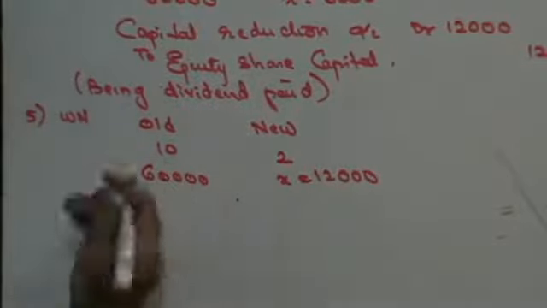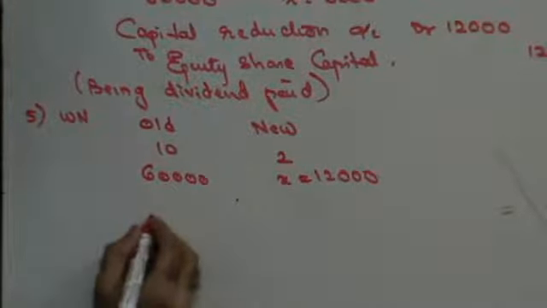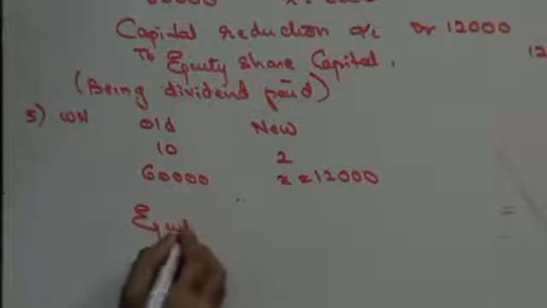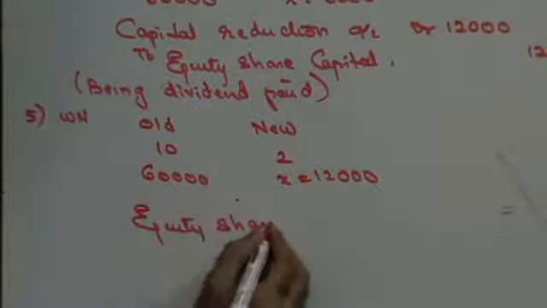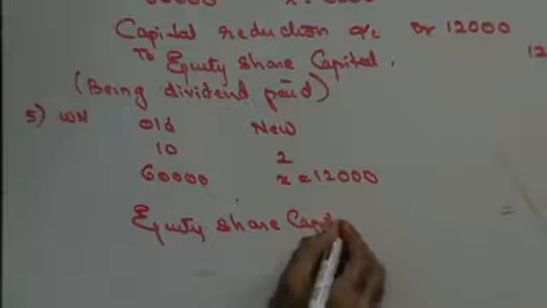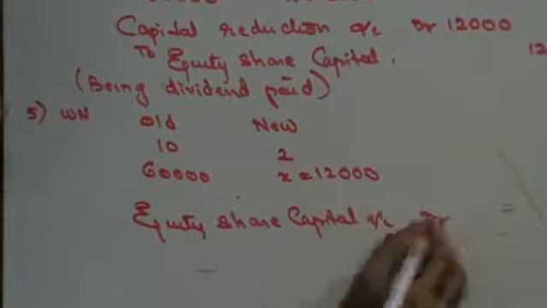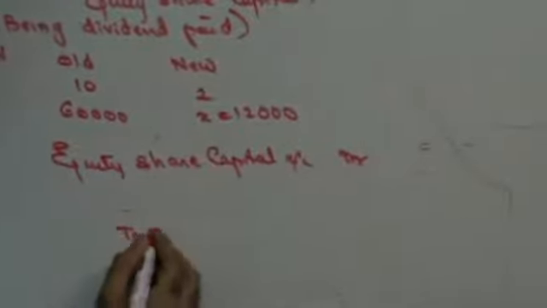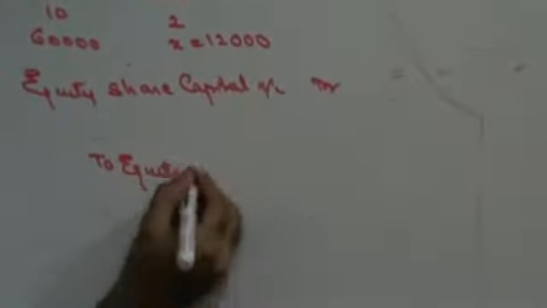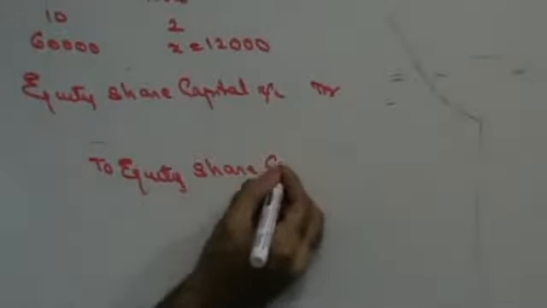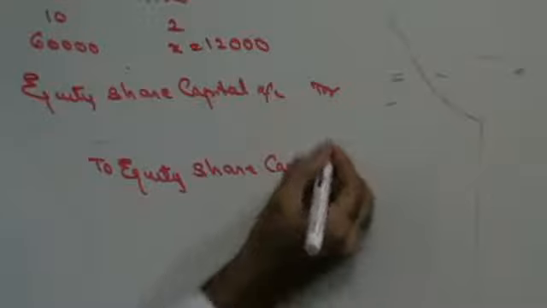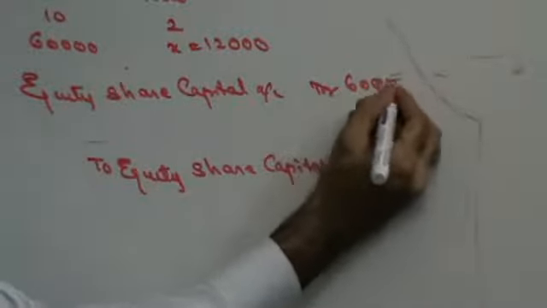Debit what comes in. The old equity shares are going to come in, equity share capital account debit. I'm going to issue new equity shares, debit what comes in, credit what goes out. To equity share capital. I'm taking in equity shares of 60,000.